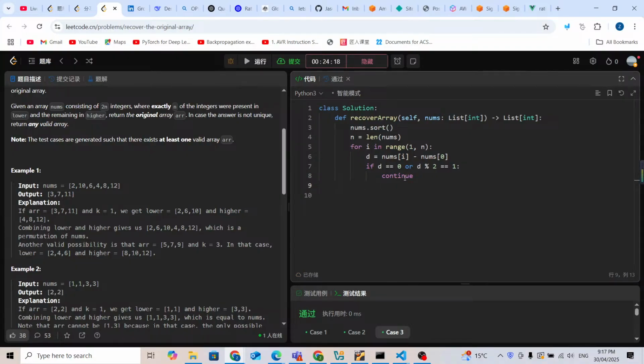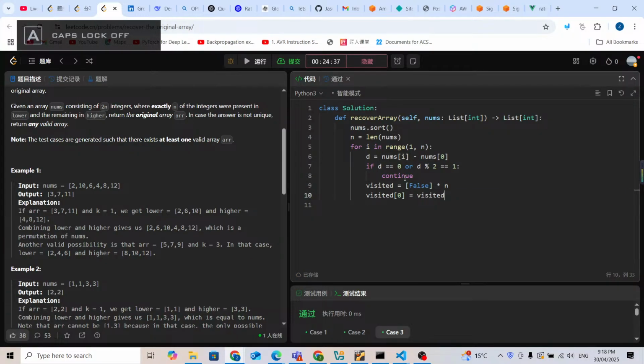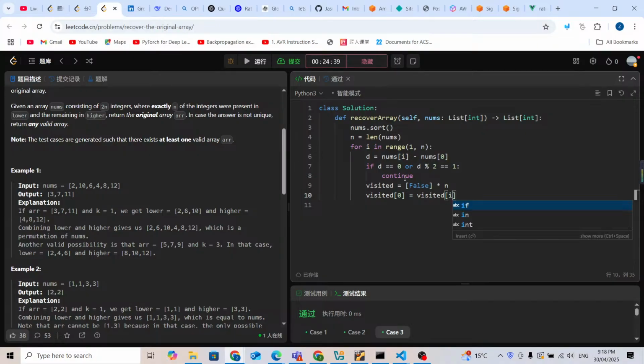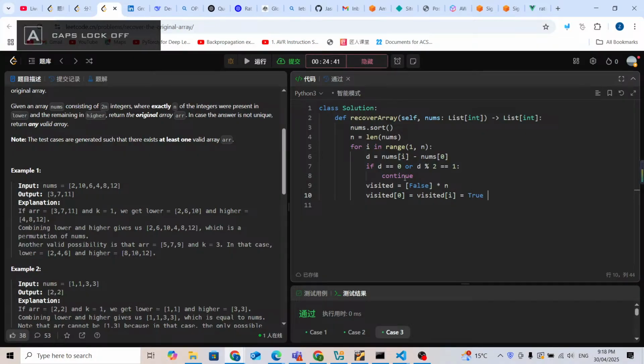Now, this d is going to be an even number, and we're going to prepare a visited array. Here, we set it to false, n times, and visited[0] and visited[i] we set to true.